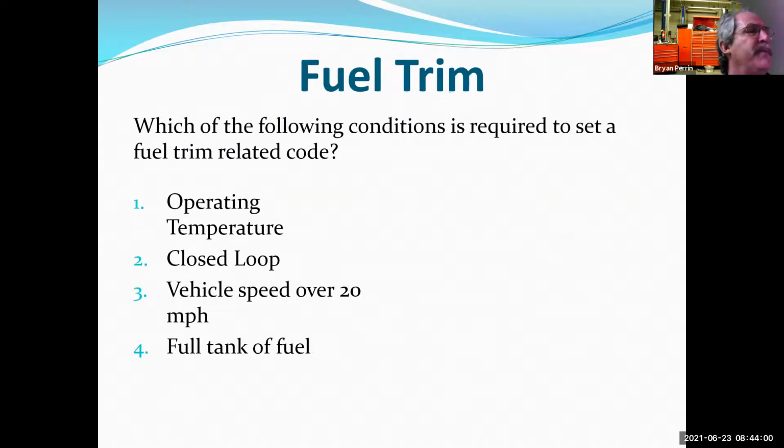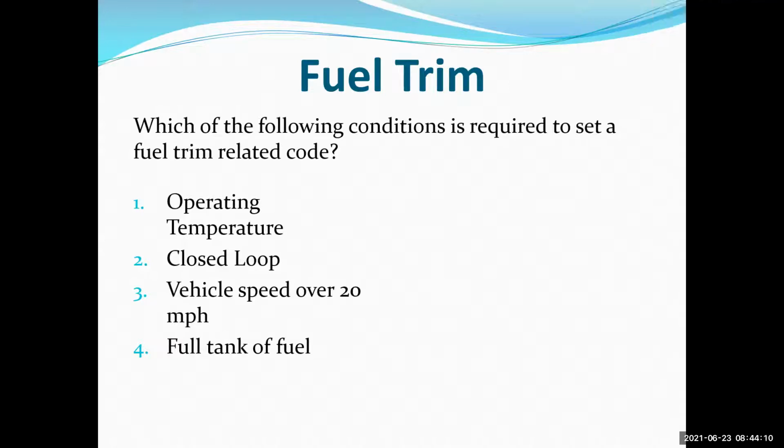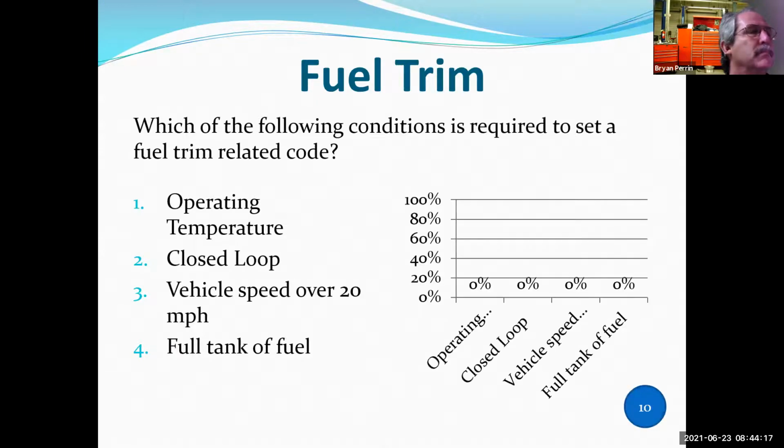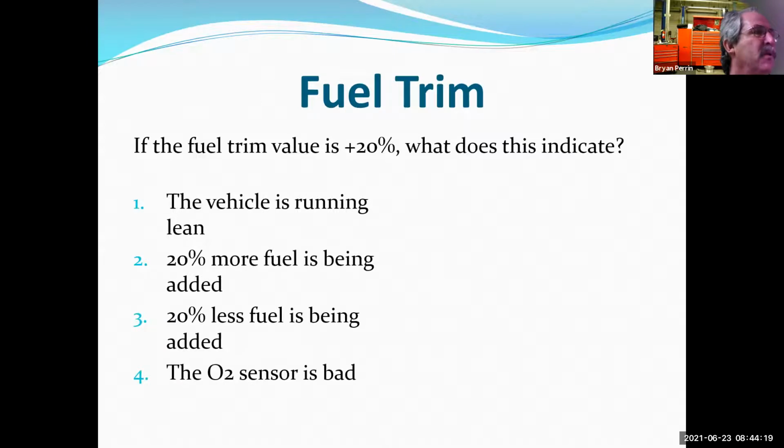So which of the following conditions is required to set a fuel trim related code? Closed loop. Closed loop, you got it. Number 2. Absolutely. If fuel trim value is plus 20%, what does this indicate?